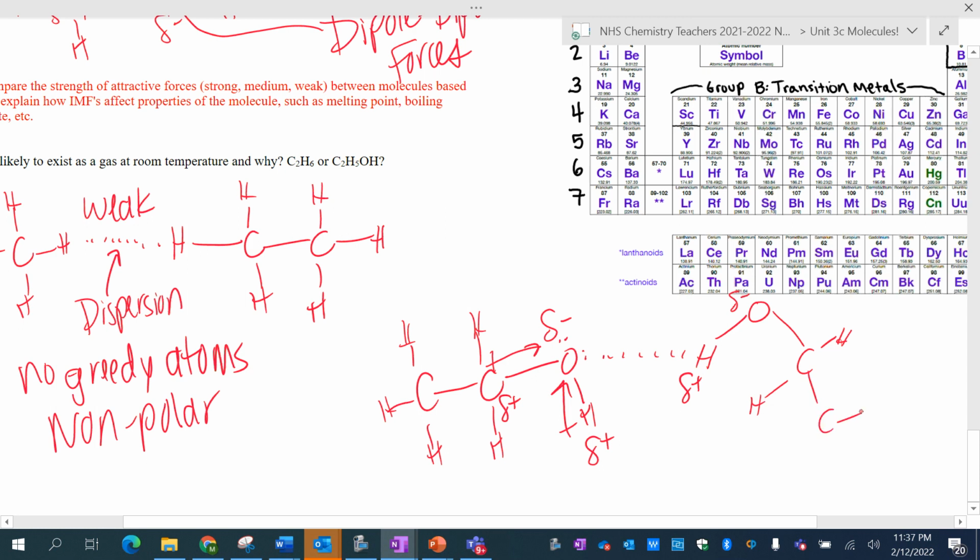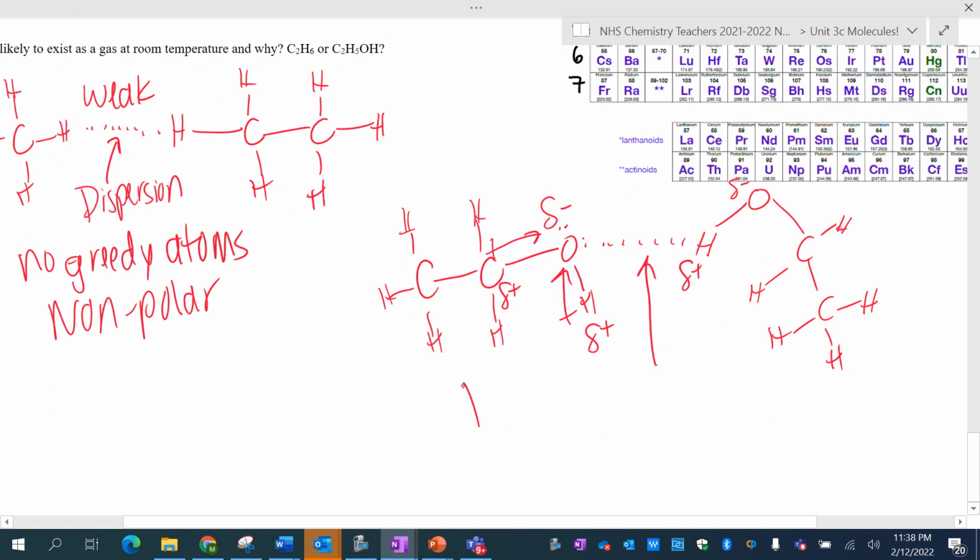In fact, pretty strongly attracted, because these two polar molecules do have a hydrogen directly bonded to an O, which means that the intermolecular force between them is hydrogen bonding forces.